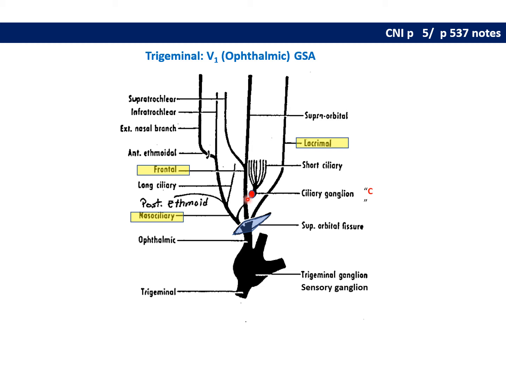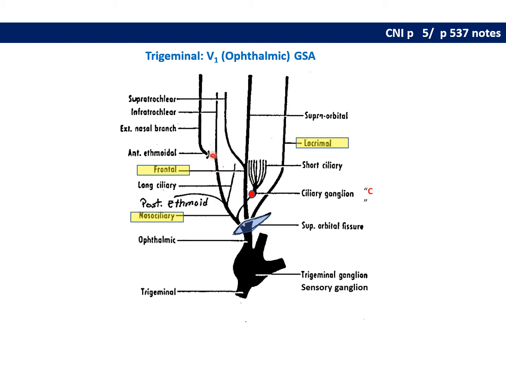That ciliary ganglia is one of our 4 parasympathetic COPS ganglia, where the short ciliary nerves then distribute parasympathetics to the ciliary muscles, and also eventually those parasympathetics make their way to the constrictor pupillae muscle. The nasociliary also gives off the long ciliary nerve, which distributes sympathetics that would act on the dilator pupillae muscle.